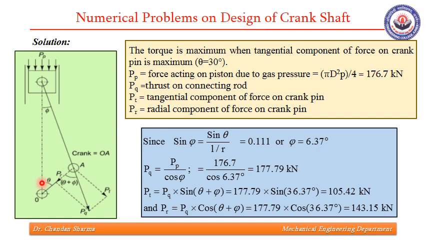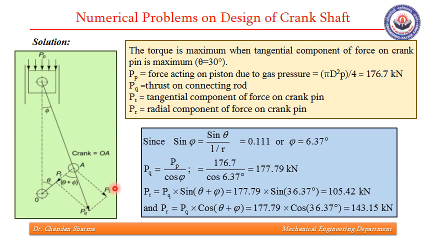For theta 30 degrees, we need to find what is phi. So this triangle will give us the relation sin phi is sin theta upon L by R. L by R is known to us. Theta is given to us as 30 degrees. So we'll be able to find what is phi, which is 6.37 degrees for this case.